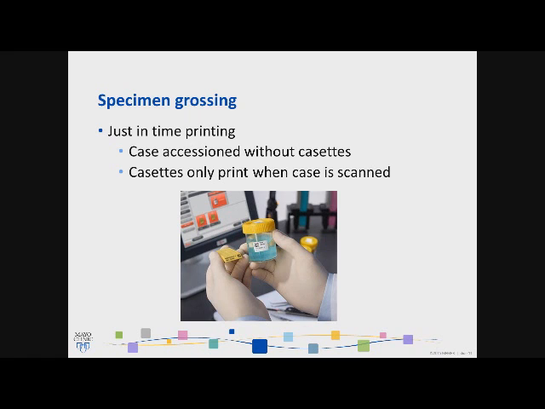So this really helps because there is no backup of cassettes. Cassettes are not just sitting around waiting for the grosser to gross that specimen. It's a very lean process. It allows the grosser to add additional blocks and not have additional blocks just sitting around if they do not use them.